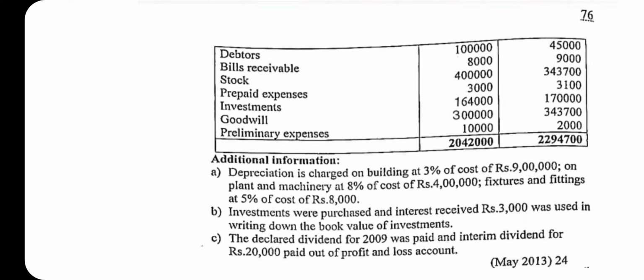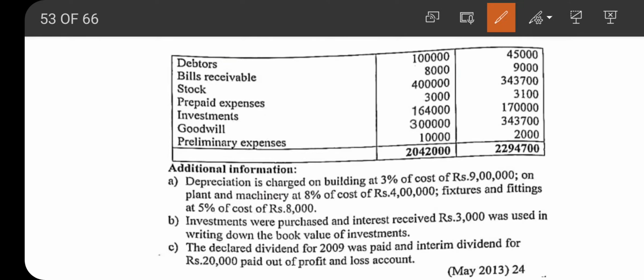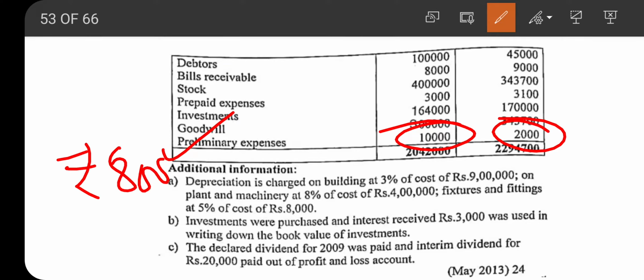Then the next item is preliminary expenses. Opening balance is 10,000, closing balance is 2,000. So it is considered as rupees 8,000, that is 10,000 minus 2,000, 8,000 is written off. Preliminary expenses written off.